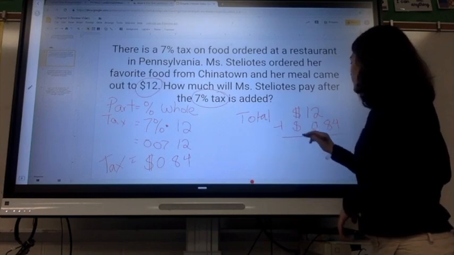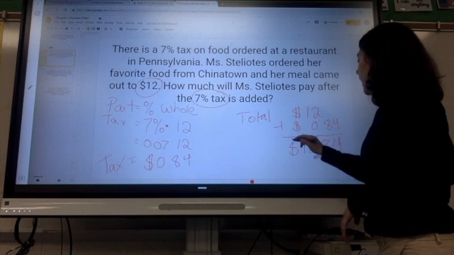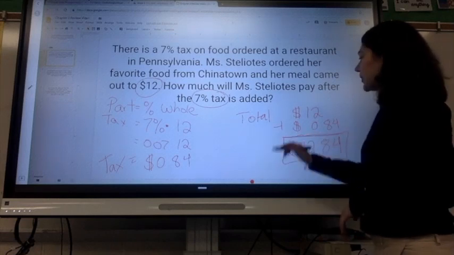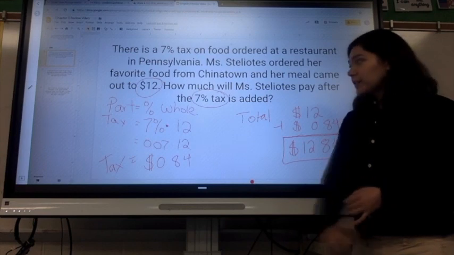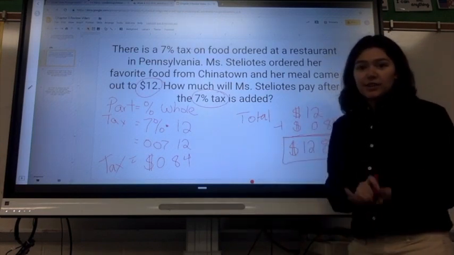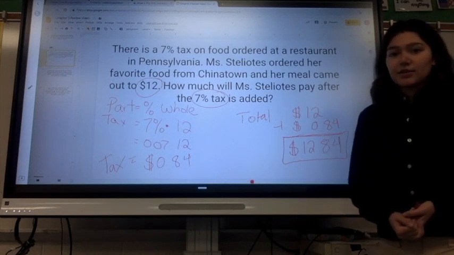And that's going to give me $12.84, which is the final amount that I pay. So there's the cost of the food, which came out to 12, plus the 7% tax, which ended up being 84 cents. So in total, I paid $12.84.